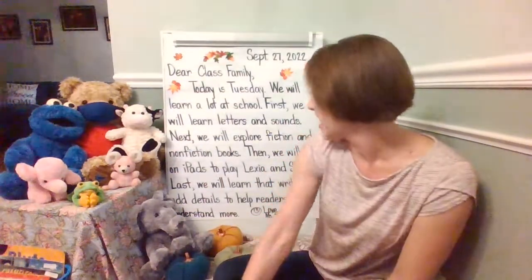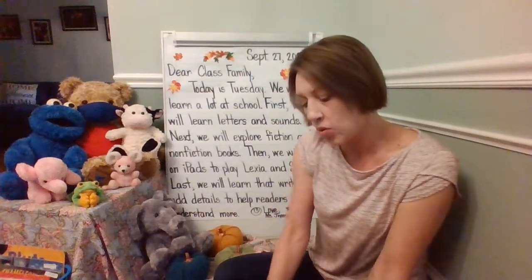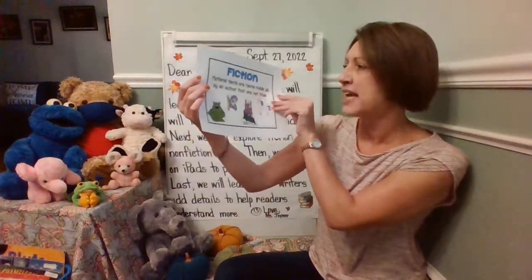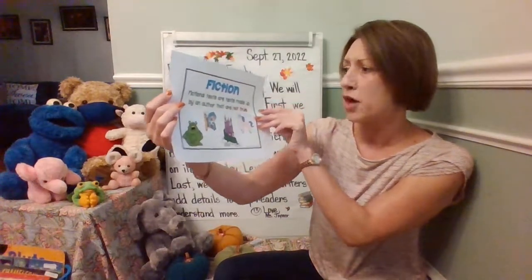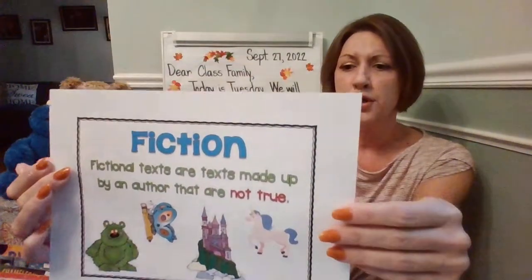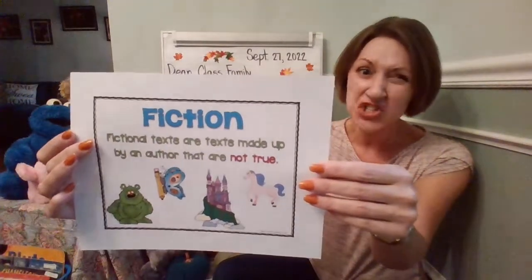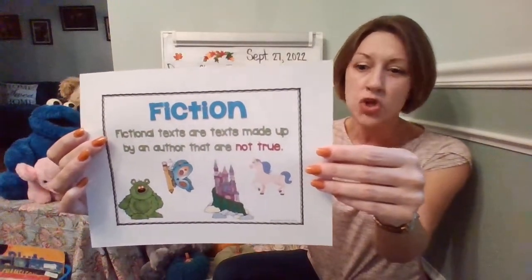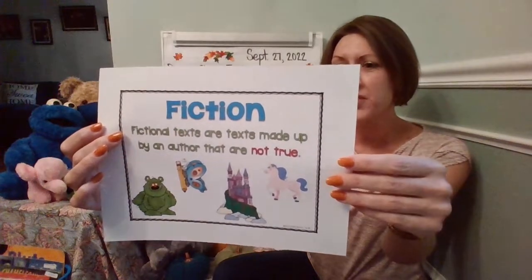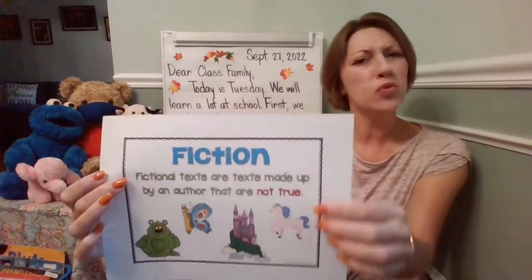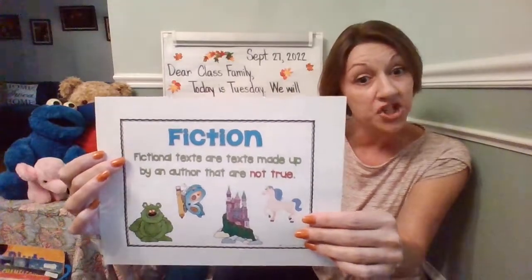So let's first see what fiction books are. Fiction books are text that are made up by an author and are not true. They may have characters that can talk, that are animals or magical or mythical creatures. There are stories that are made up that are fiction.